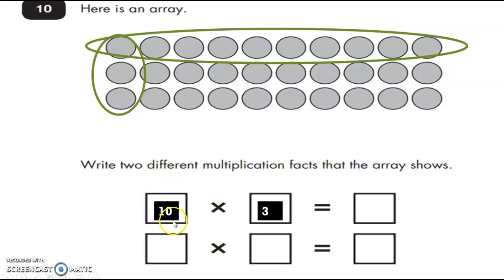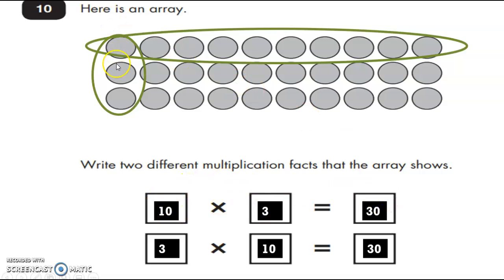So we can count in 10s 3 times. 10, 20, 30. And then if we just swap these two numbers round, you can count in 3s 10 times, but you know that this answer will be the same.